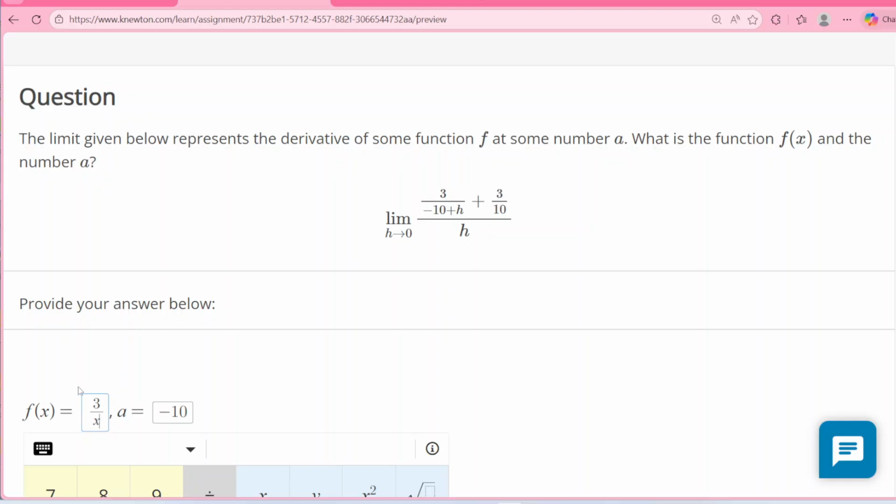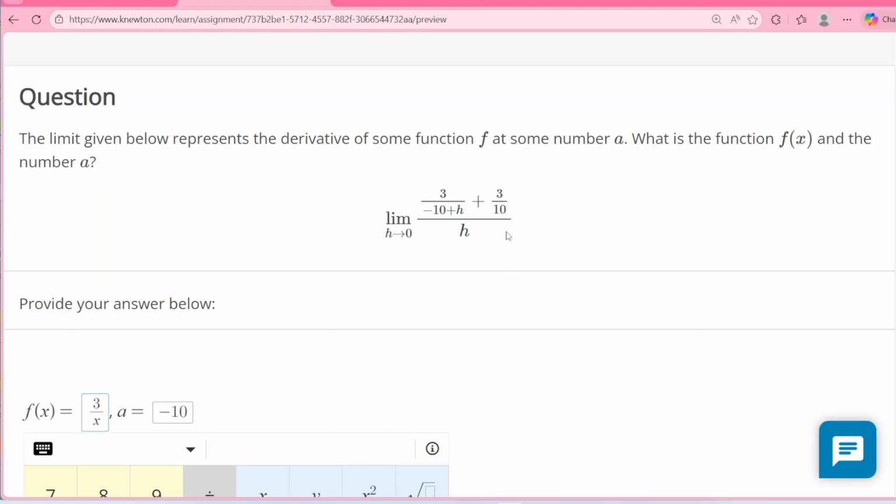If this is f at negative 10, if this was my function and I plugged in negative 10, the value would be negative 3/10. So when I go minus negative 3/10, that's why I got the plus 3/10 here, and then all over h, and the limit as h approaches 0, right? This would give me f prime at negative 10, or the slope of the tangent line to y equals 3 over x at negative 10.